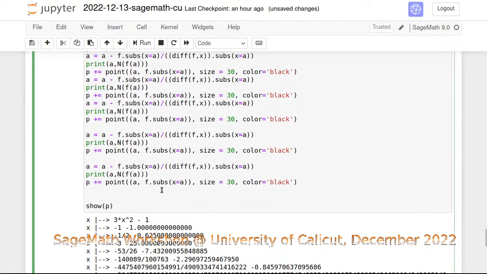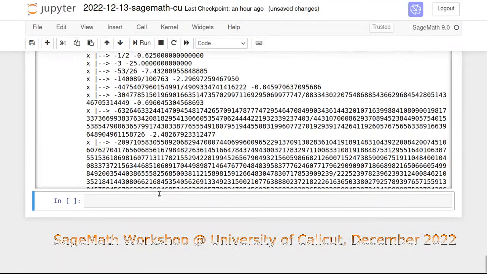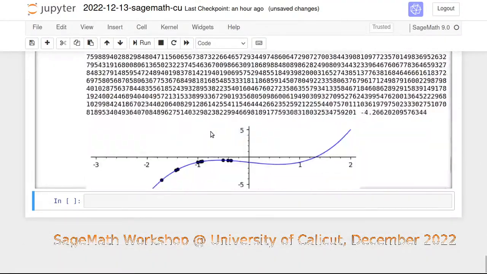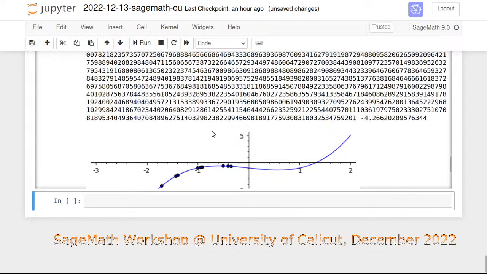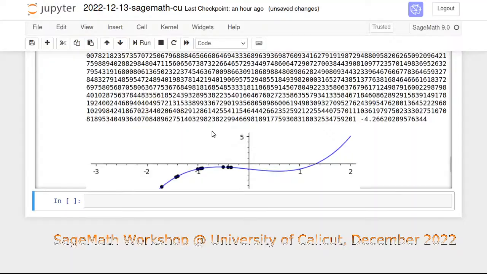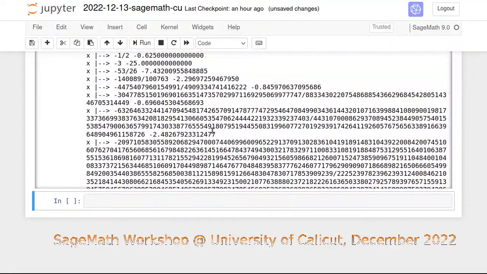Okay, it's moving. Oh, what's happening here? It became too large.